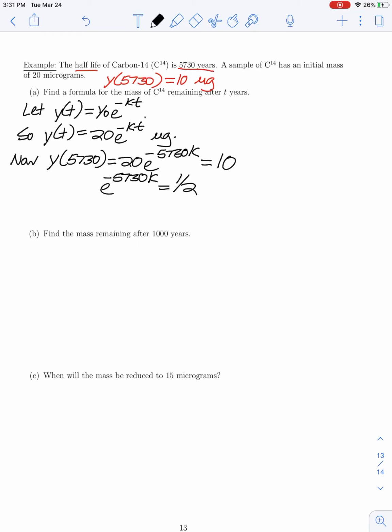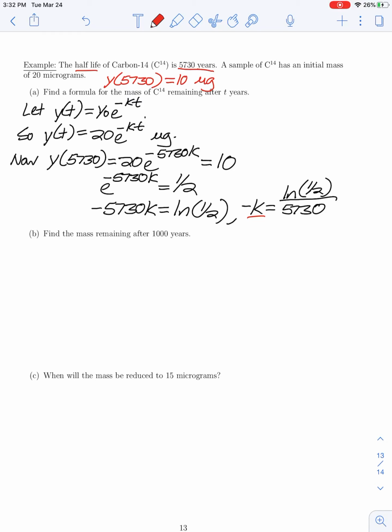Taking the natural log of both sides, we have negative 5730k is equal to the natural log of 1/2. So we find then that negative k is equal to the natural log of 1/2 over 5730.